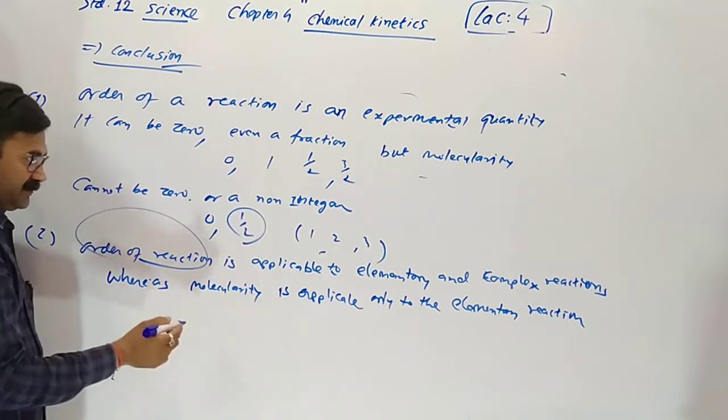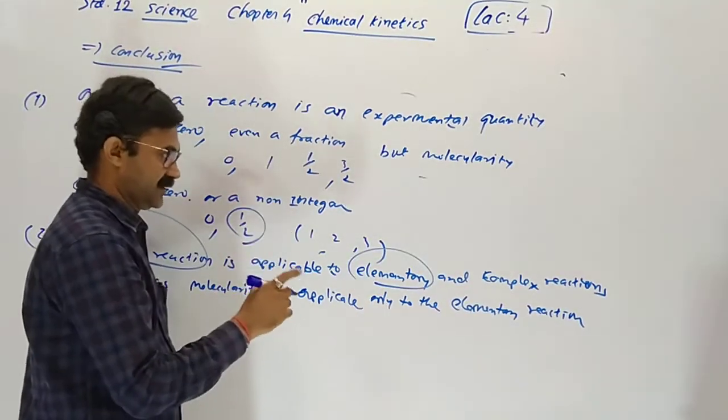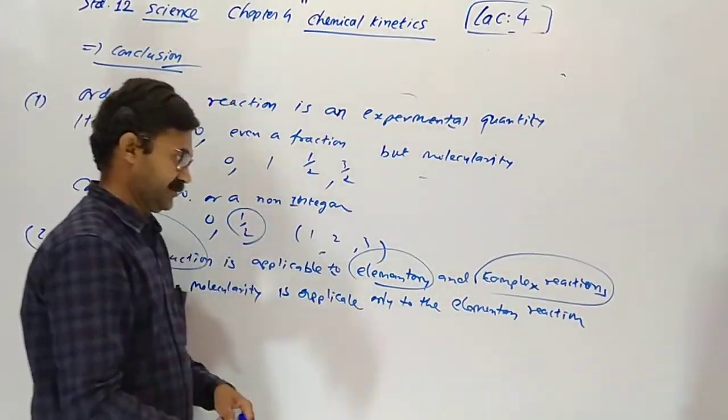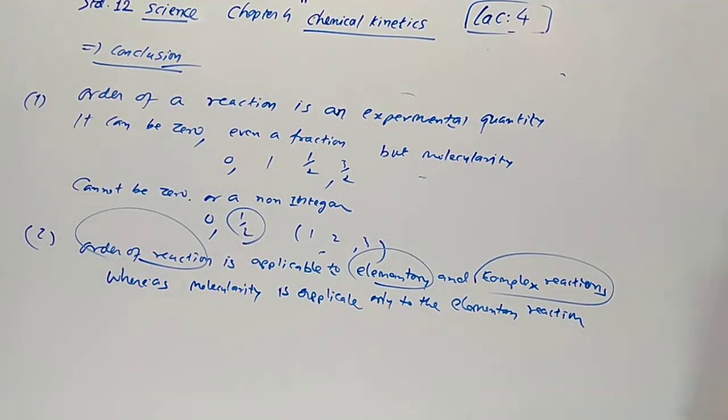Order of reaction we can apply to both. Elementary means the reaction occurs in one step. Complex means more than one step. But molecularity is only applicable to elementary reactions.